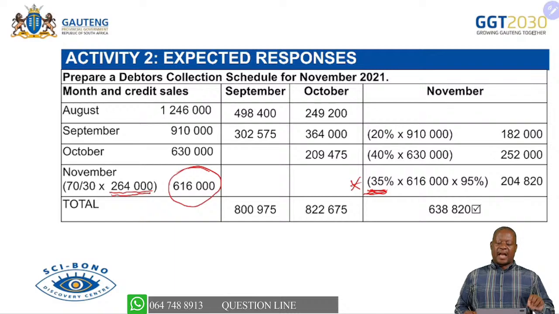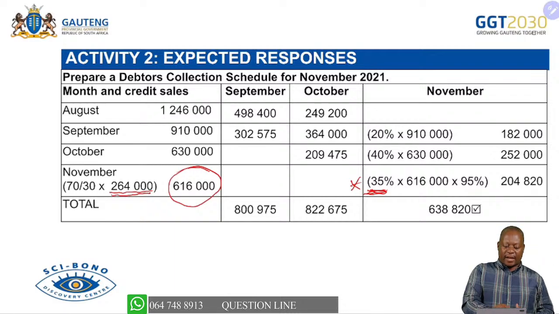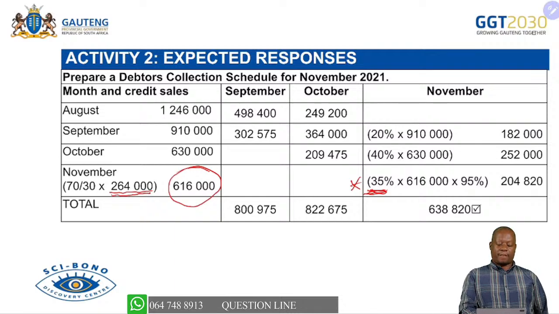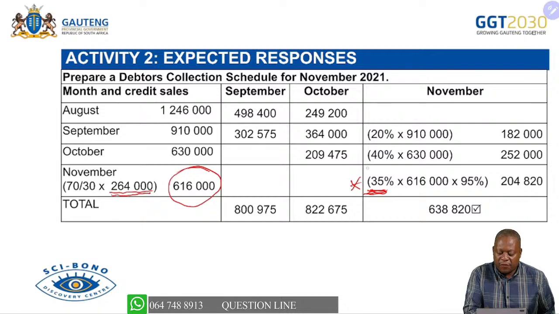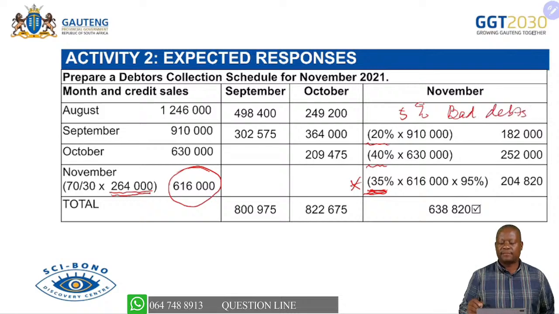So you can see now the 35% that is in the month of sale always now gets to the last month, followed by the 40%, followed by the 20%. And remember, if we were to calculate bad debts, the 5% would be here for bad debts. Are we still together there?